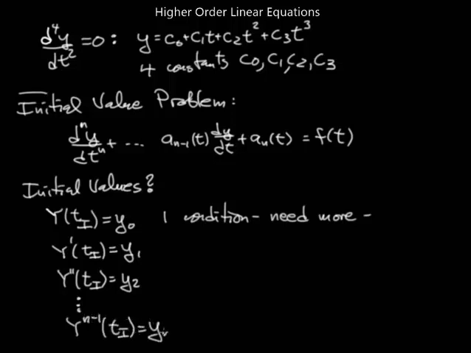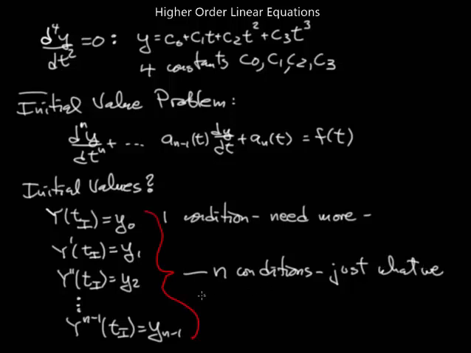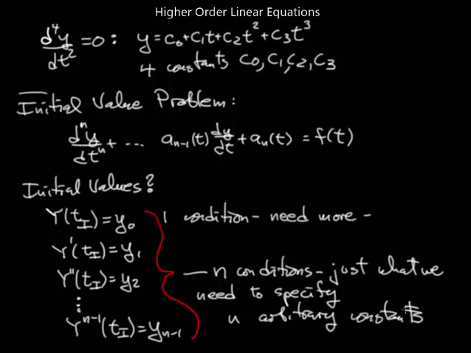So that's n initial values, y0 through y(n-1). You can specify those arbitrarily. That gives you n conditions that you need to satisfy, and that's exactly the right number of constraints that you need in order to specify the constants. So just like in a first order linear equation, you need one initial value to specify the constant. In an nth order equation, you need n initial values.